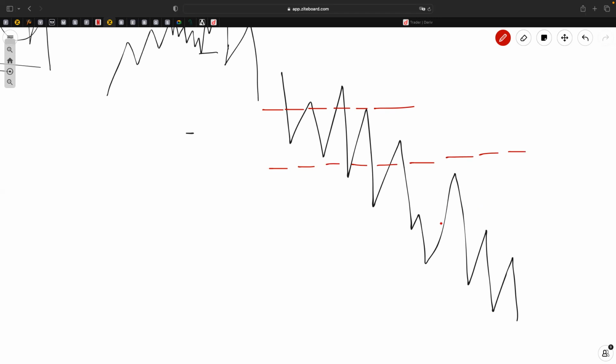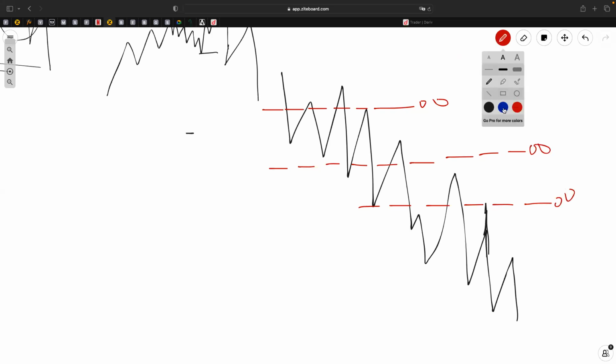Then we have a round number and come in. You have a round number right here, the same round number, double zeros. And you have another one right here.